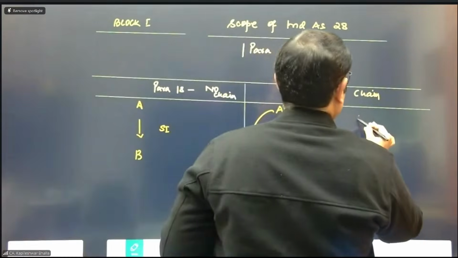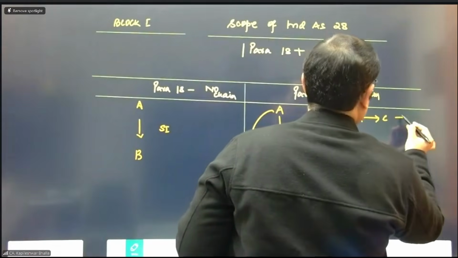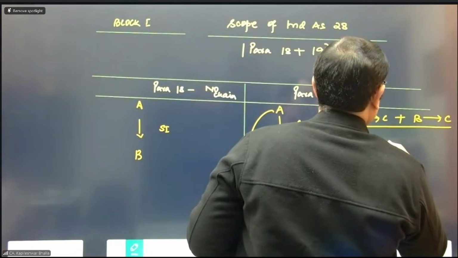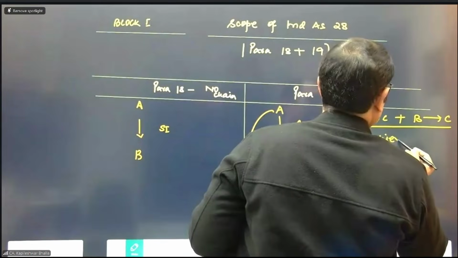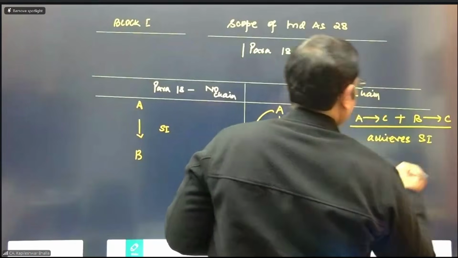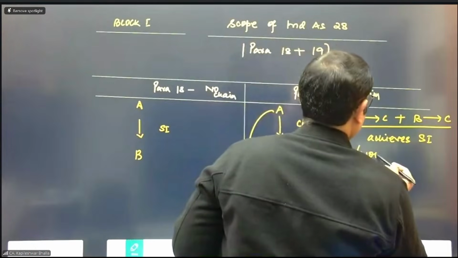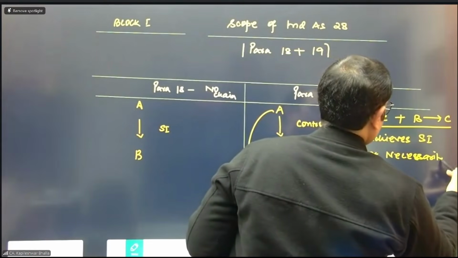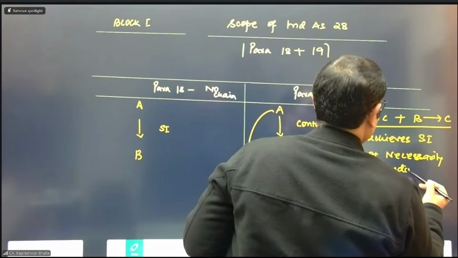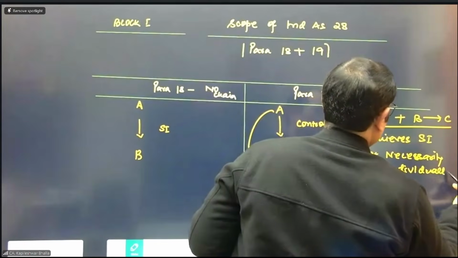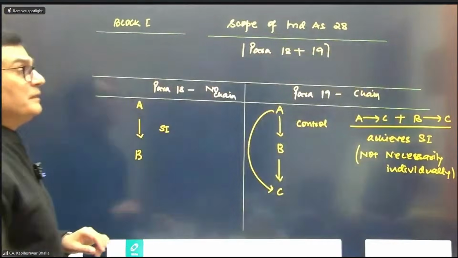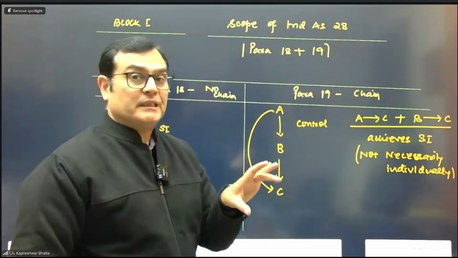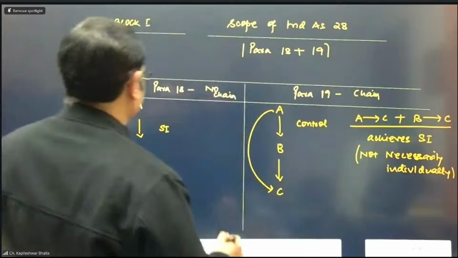So let's put it like this: A in C plus B in C achieves a significant influence, not necessarily individually. It may not be on an individual basis, but it would be on a combined basis. So A in C plus B in C achieves a significant influence.